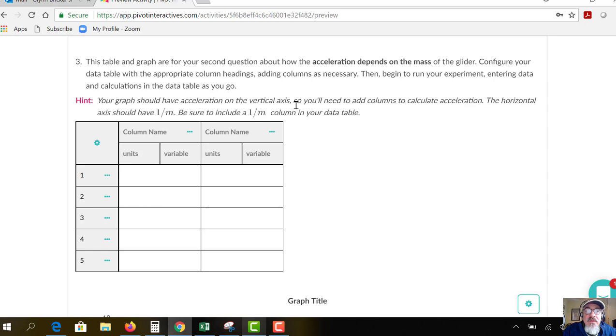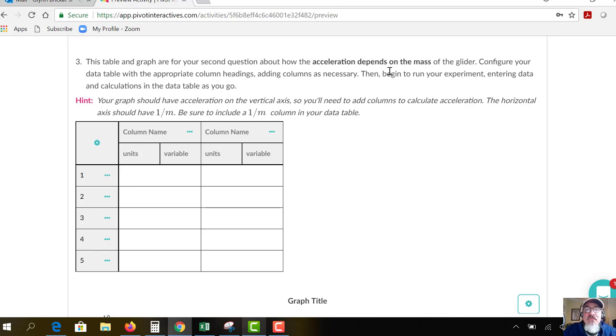Okay, and then for this part, we are plotting, as it says here, your graph should have acceleration on the vertical axis, so you'll need to add columns to calculate the acceleration. The horizontal axis should have 1 over mass, so be sure to include a 1 over mass column here. So again, here you're keeping the force the same and changing the mass.